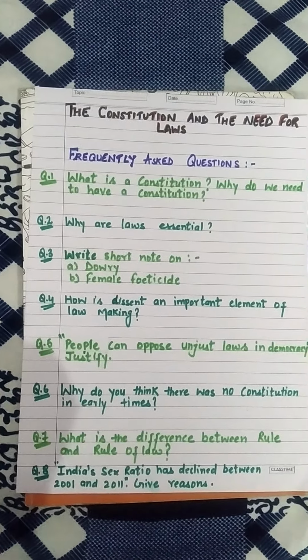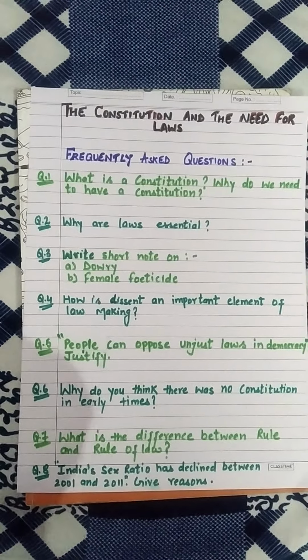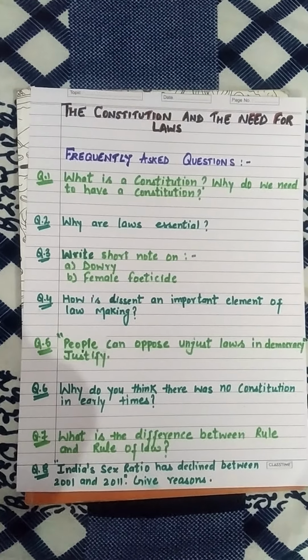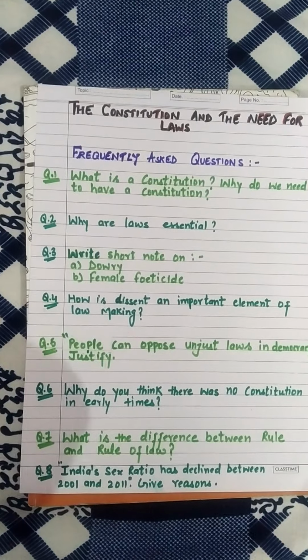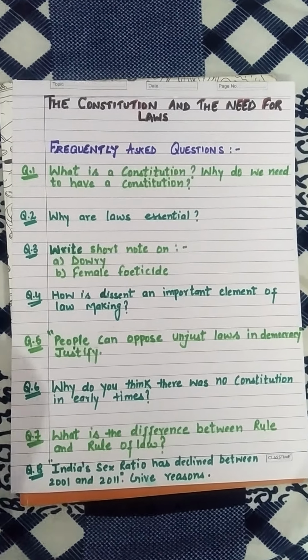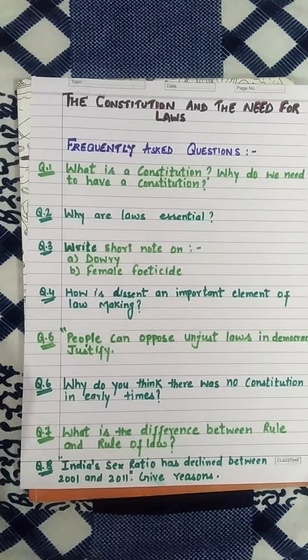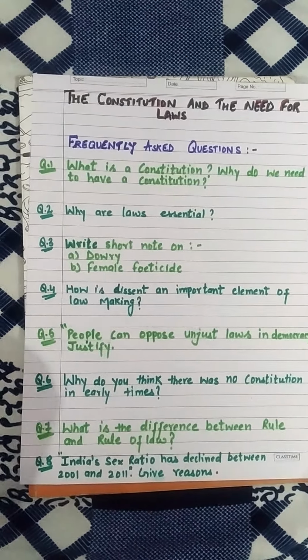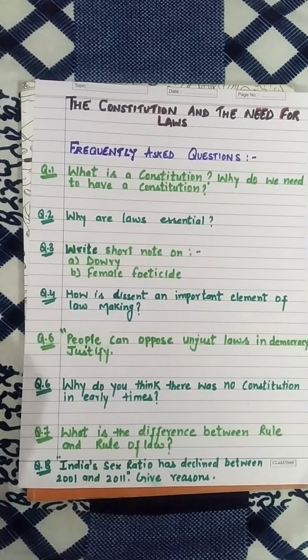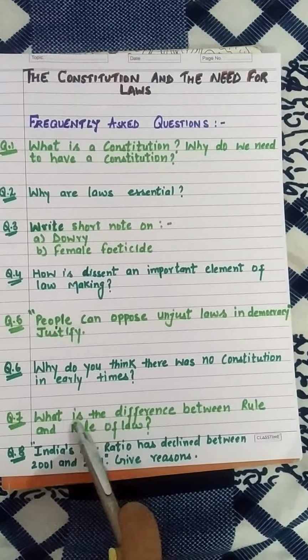It means a law which is against the fundamental rights of the people can be declared null and void by the Supreme Court. Yes, and rule of law implies that no one is above the law and no government or its official can enforce laws that are unfair or unjust. Clear, everybody? So what is the difference between rule and rule of law?